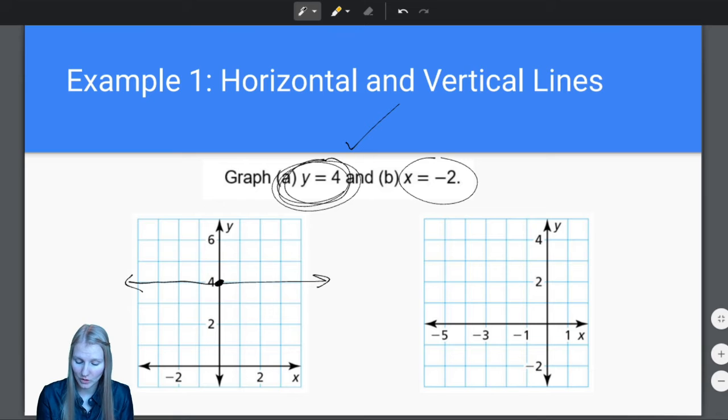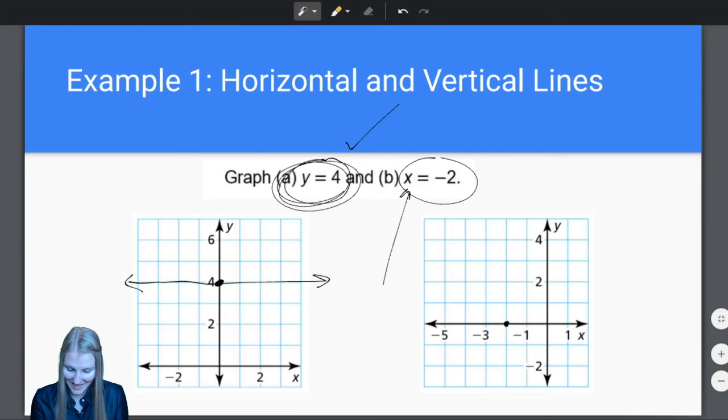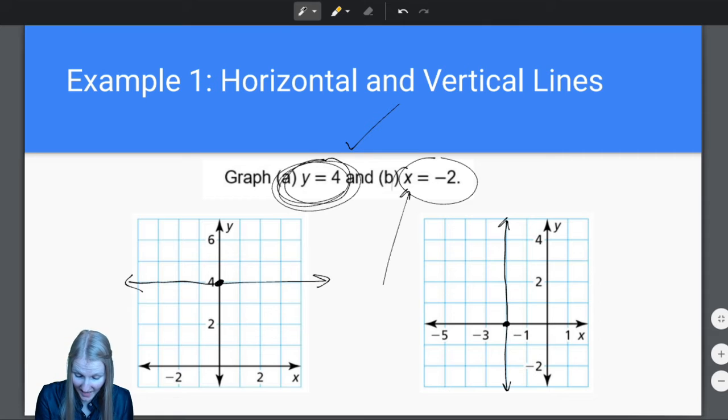Similarly, let's look at x equals -2. We have x equals -2. So I am going to find -2 on the x-axis: -1, -2, and I am going to cross the x-axis at -2.